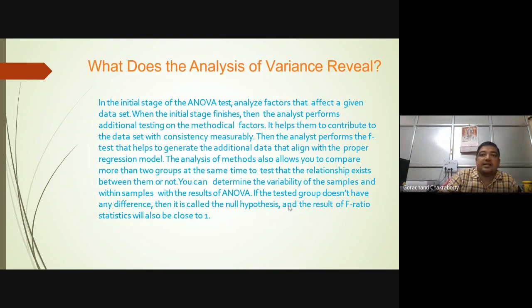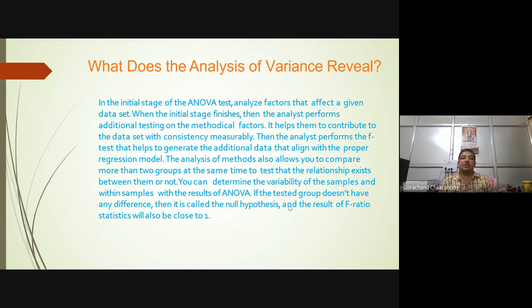So what does the analysis of variance reveal? In the initial stage of the ANOVA test, the analyst analyzes factors that affect a given data set. When the initial stage finishes, the analyst performs additional testing on the methodological factors. It helps them contribute to the data set with consistency measurably. Then the analyst performs the F-test.